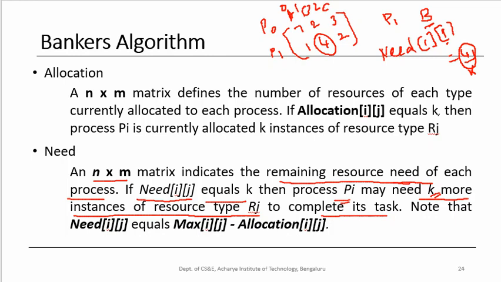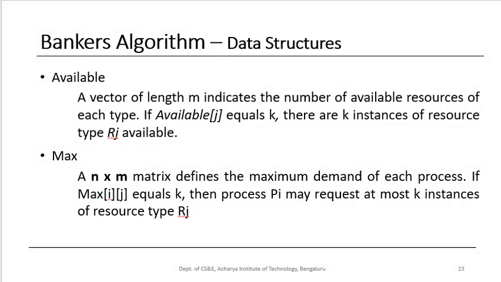Let us quickly recall what are the data structures that are going to be used by the banker's algorithm. Once we understand the data structures, we can write the algorithm and understand how the banker's deadlock avoidance algorithm works. So it is very important that you understand the data structures used. First one is available. Available is a vector, and each element in this vector tells us how many instances of a particular resource type are available in the system.